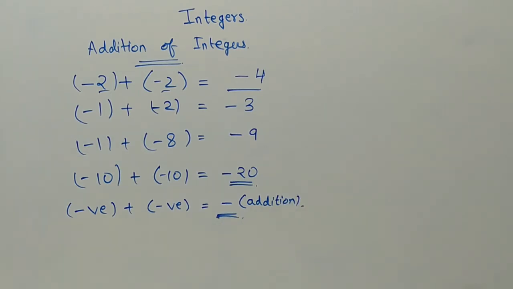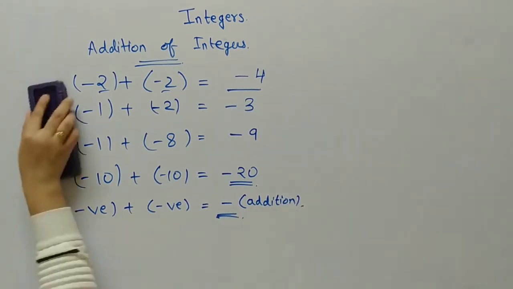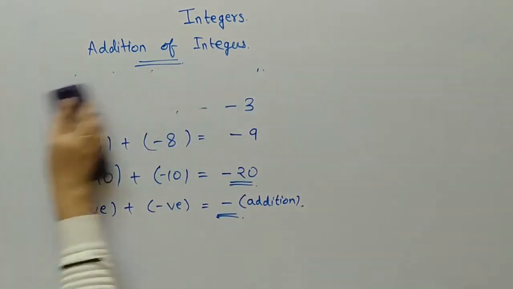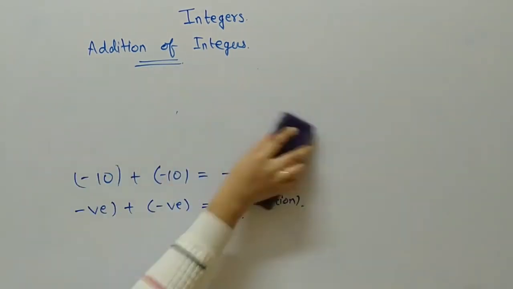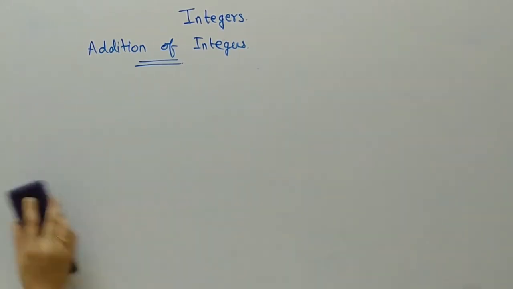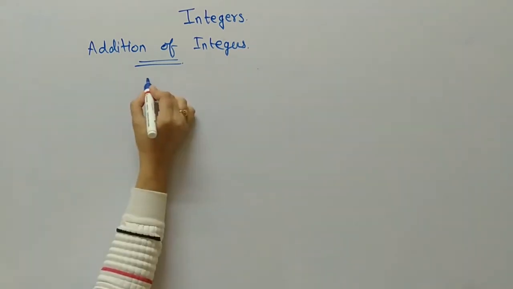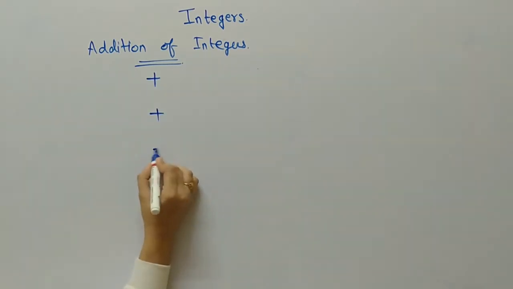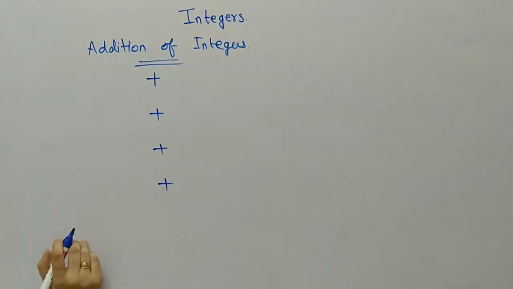So now we will study the third type. In the third type, we will add one positive and one negative integer.